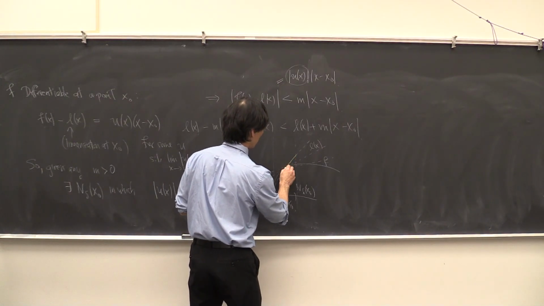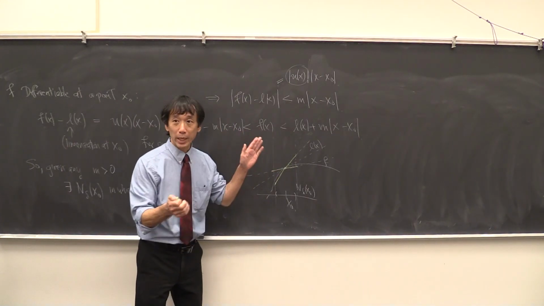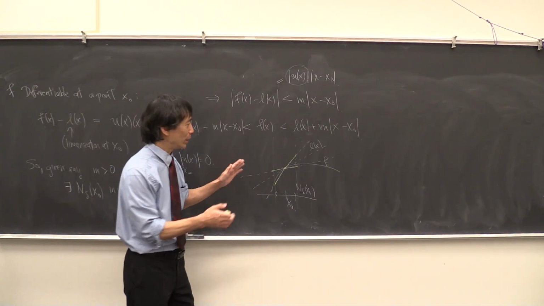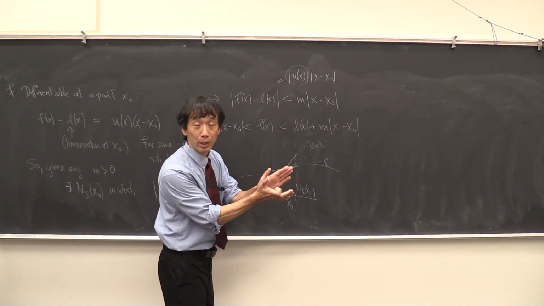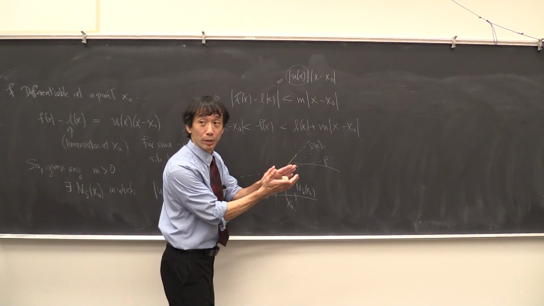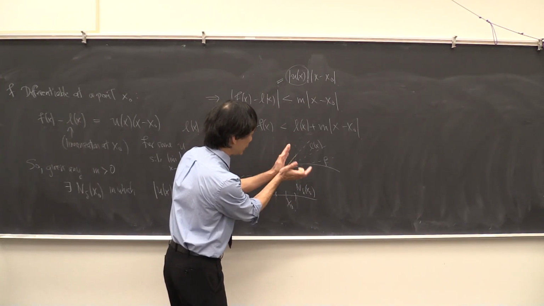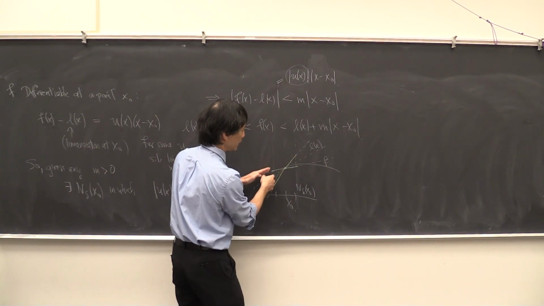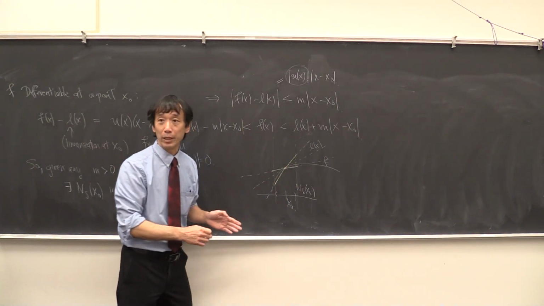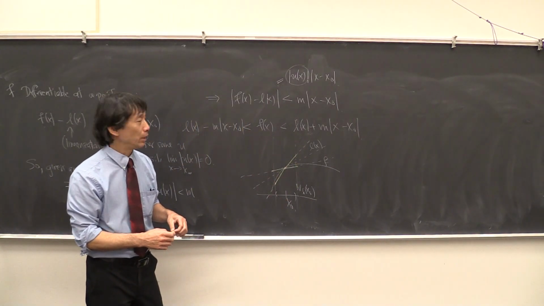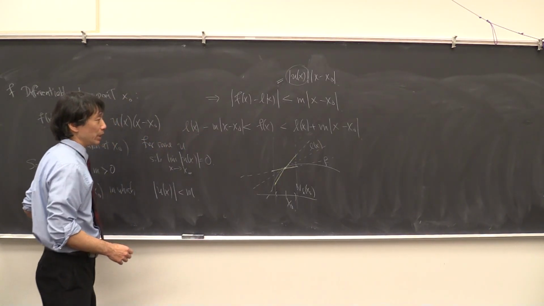So, whatever bow tie or butterfly or whatever you want to call this thing, whatever bow tie you choose around this tangent line, no matter how small an aperture, there's a neighborhood in which your function stays on the bow tie, on the wings. That's what differentiability means.